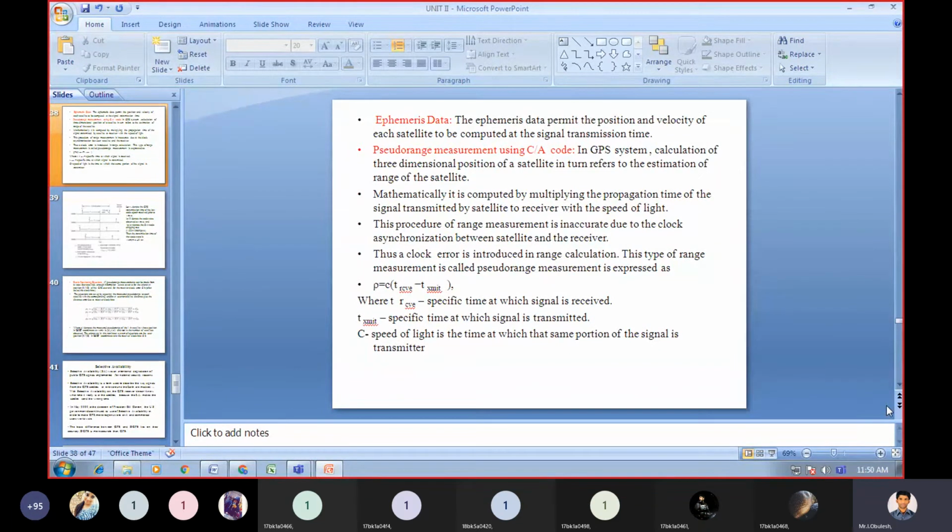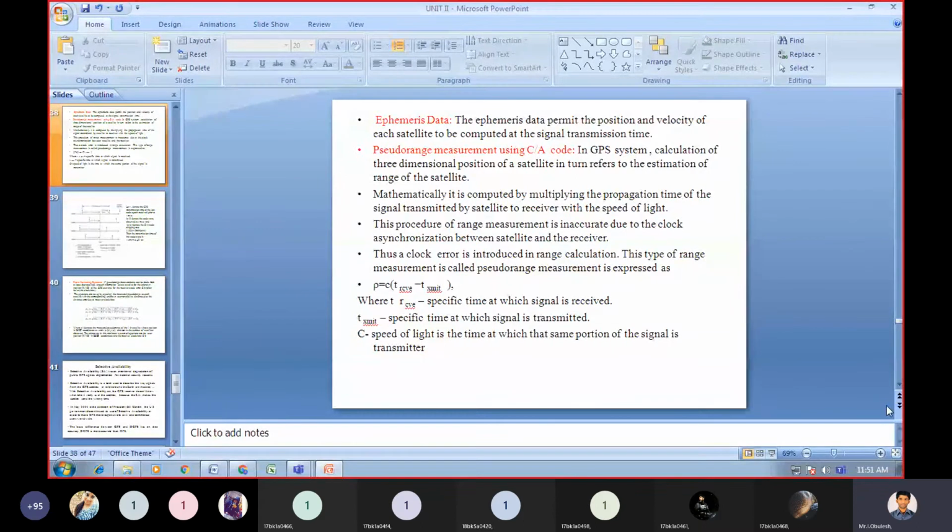It is expressed as rho equals C times (T_rcve minus T_xmit), where T_rcve is the specific time at which the signal is received, T_xmit is the specific time at which the signal is transmitted, and C is the speed of light.